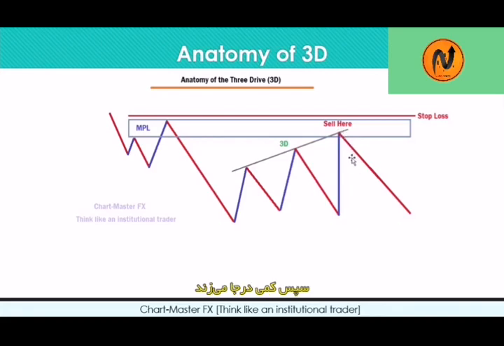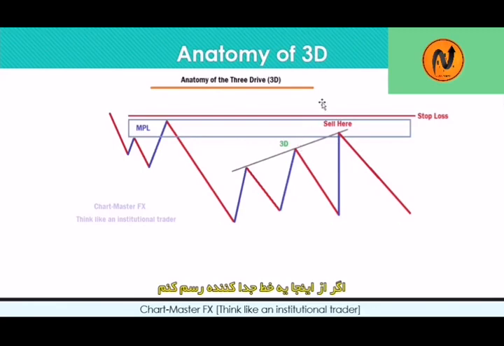Once the price drops a little bit, it then creates an accumulation or a compression, kind of going back to the head here. Then you can place your trade. So you can wait for that confirmation of a 3 drive, or you can just trade it here. But usually if you want to make sure that it's a 3 drive, you wait for a confirmation.